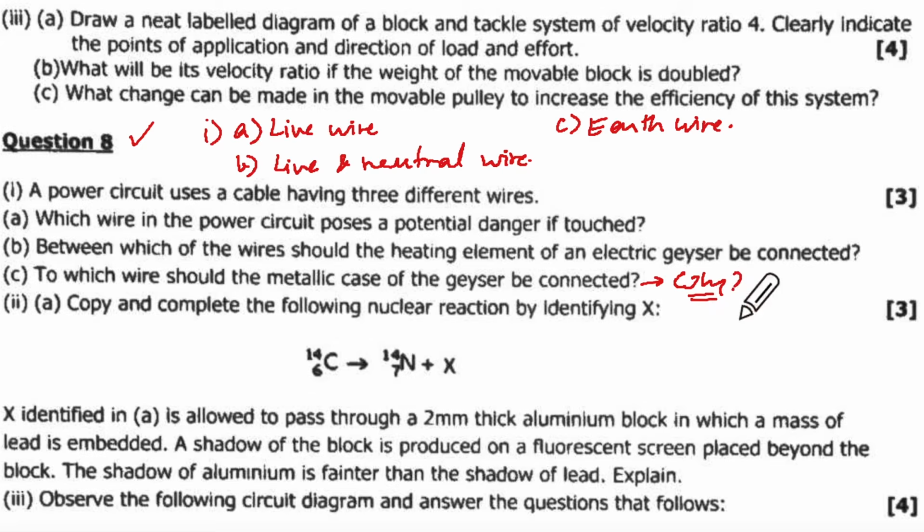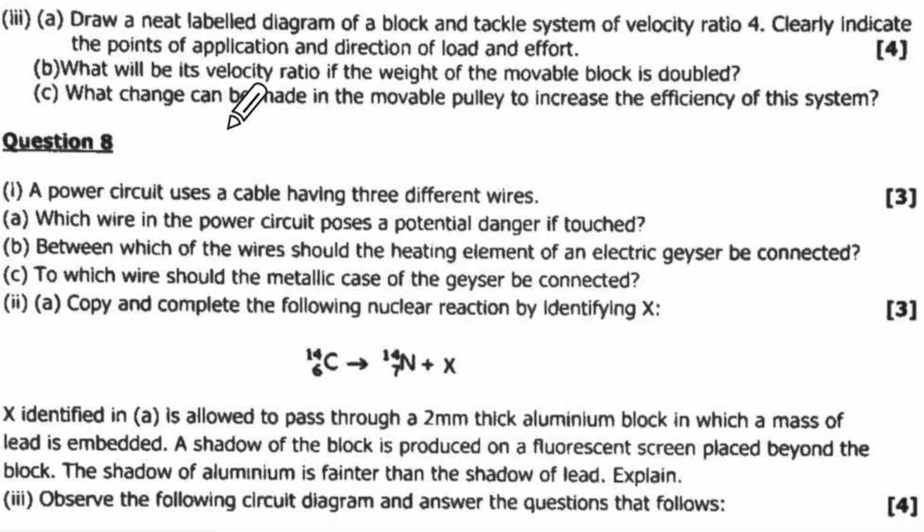We come to the third part. What is the third part saying? Copy and complete the following nuclear reaction by identifying X. So we have C 14,6 becomes nitrogen 14,7 plus X. So it is going to be A,Z becoming A,Z plus 1, means X is a beta particle. They are saying copy and complete the reaction.